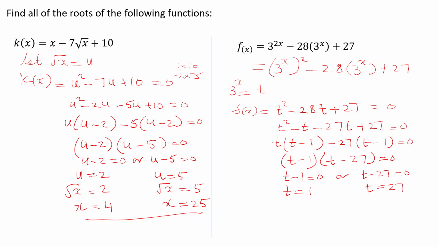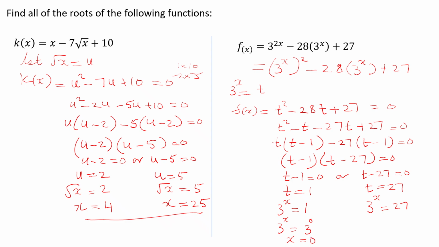Now I'm going to go back and substitute this. t equals 3 to the power x equals 1, or 3 to the power x equals 27. So this one, I'm going to put 3 to the power x equals 1. I can put 3 to the power 0, so x equals 0.